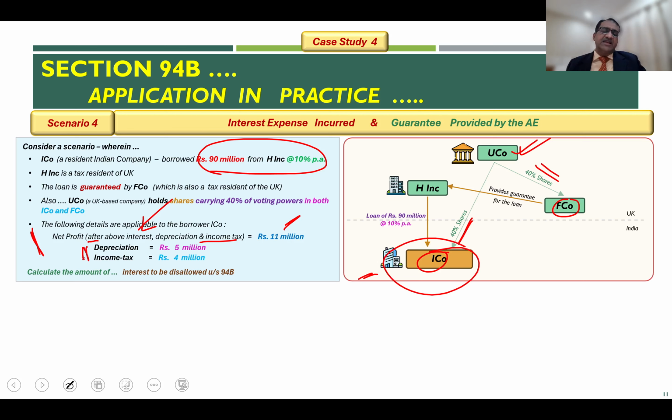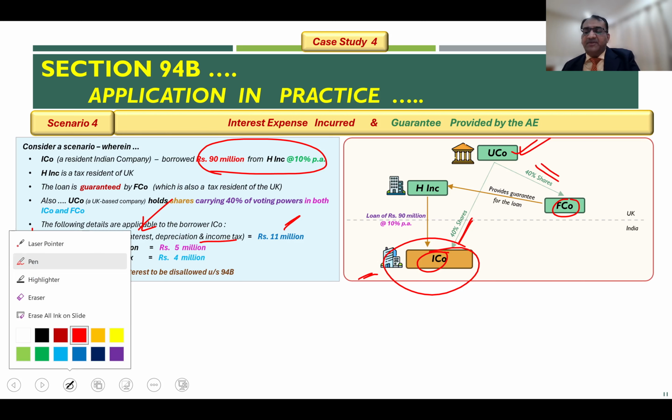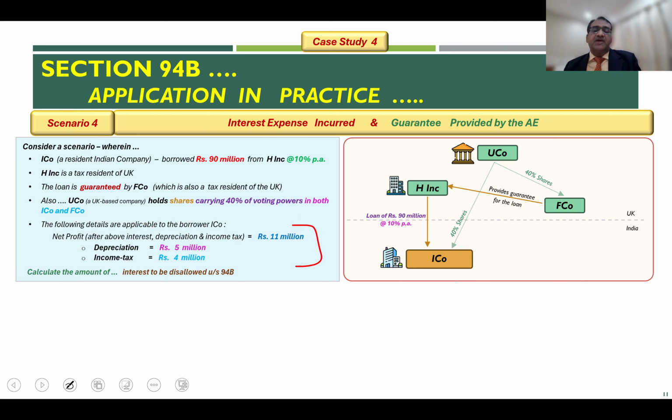Depreciation and income tax applicable to ICO are 5 million and 4 million respectively. Now, with this financial information given, the question is how do you calculate the disallowability, or maybe allowability, under Section 94B.